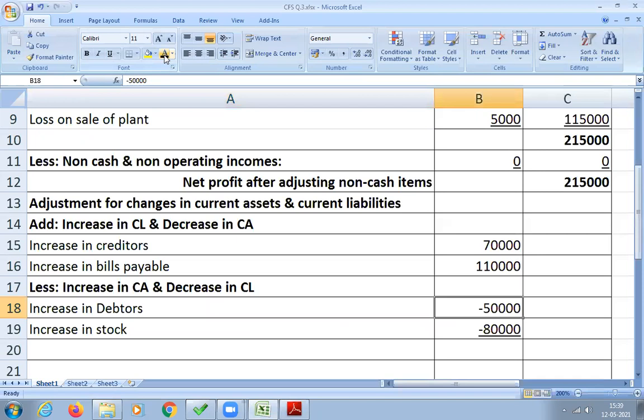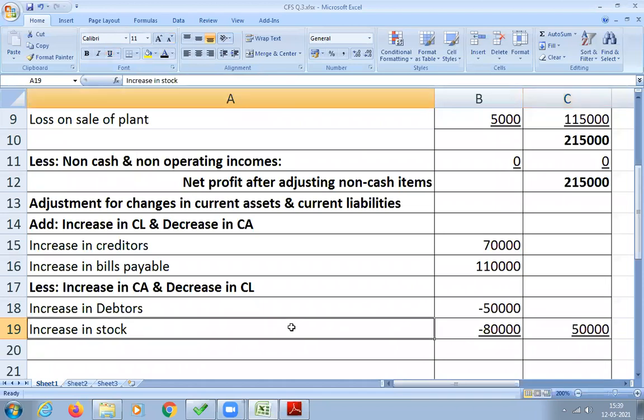So now you add and then minus: 1.8 lakhs minus 1,30,000. How much do you get? 50,000, plus or minus?